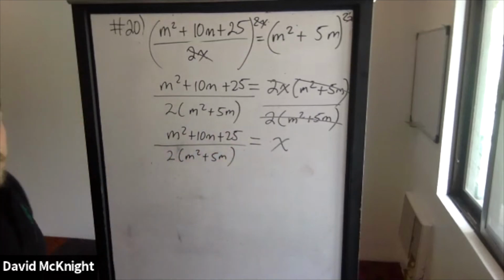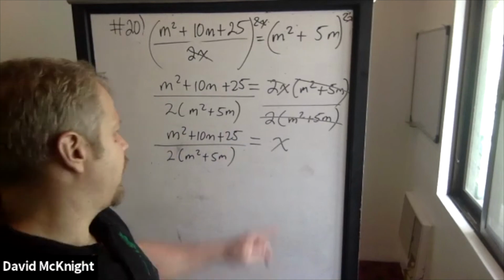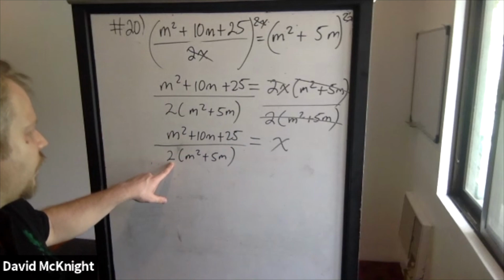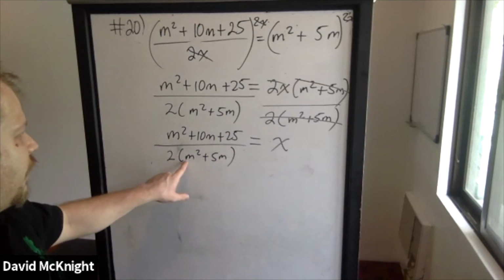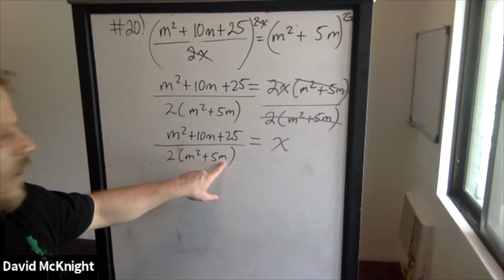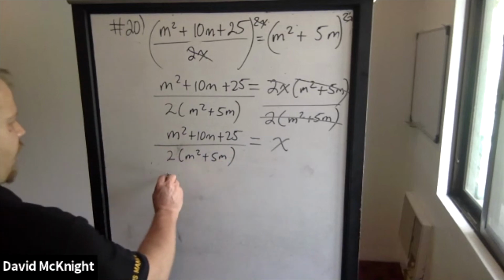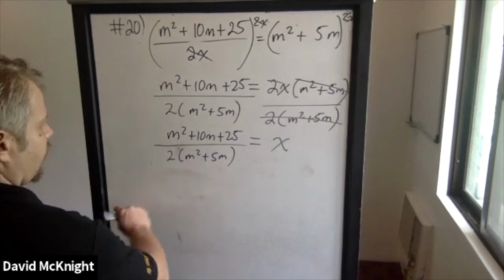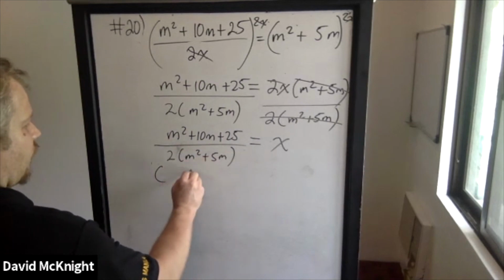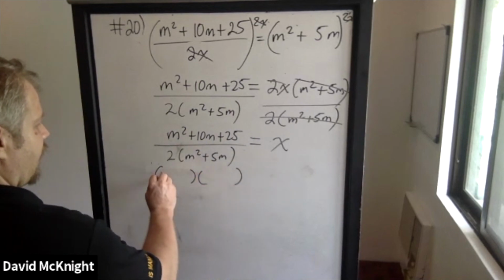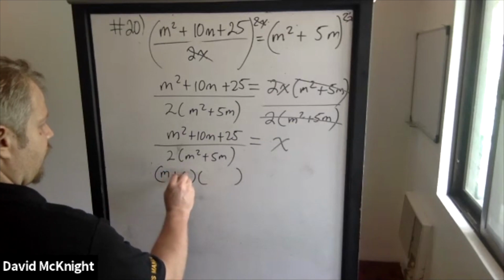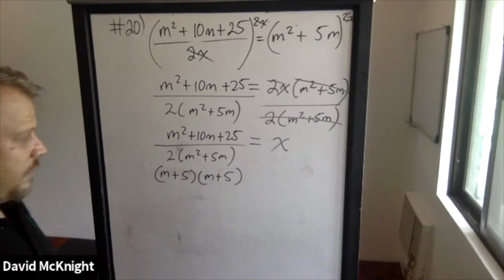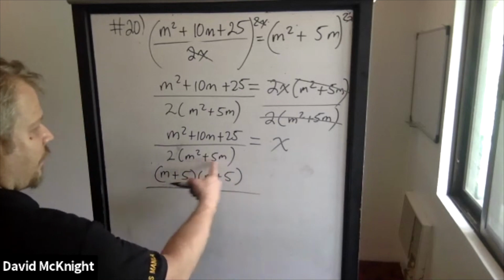Now, we don't need to go any further than that. We've isolated x, but this will simplify, and this is something that we'll learn later on with factoring. There's a common factor here that I can factor out. And so I'd have m squared plus 10m. Well, let's just factor this one. This factors into a set of binomials. So m plus 5 and m plus 5, or m plus 5 squared, over, and m is a common factor there.